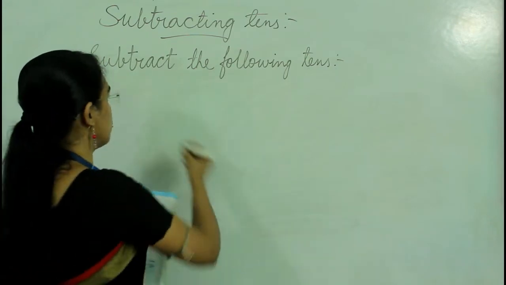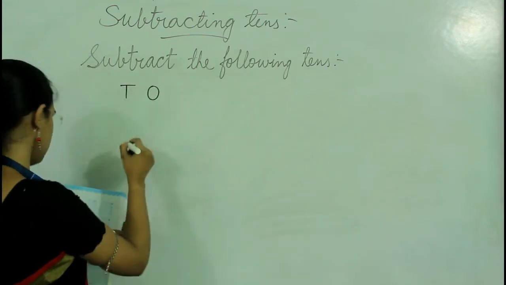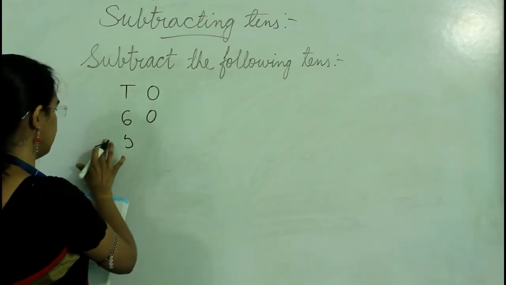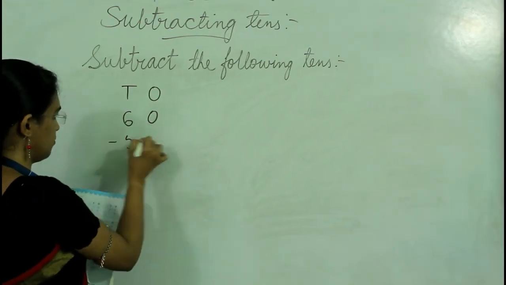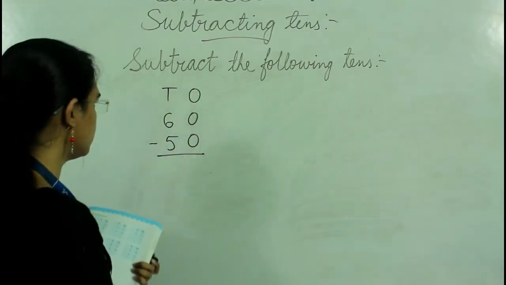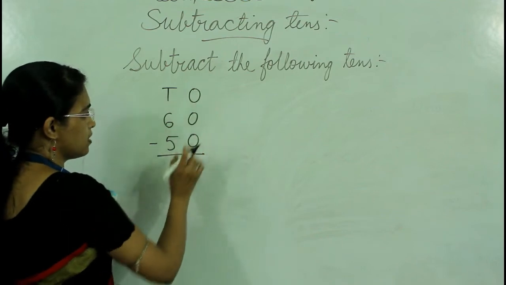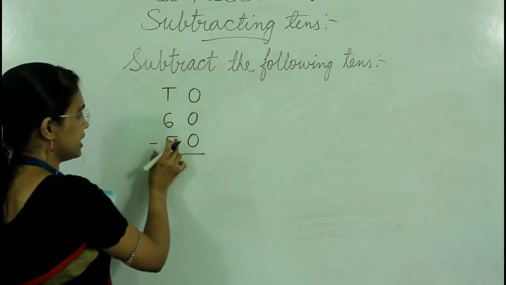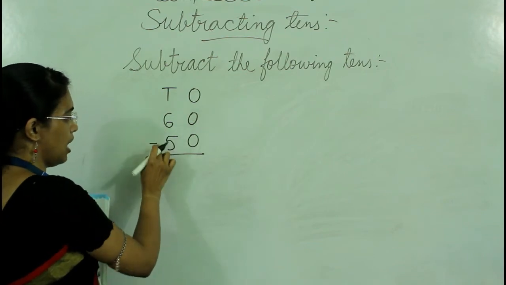Now, first question is 60 minus 50. In the same way, we have to do this. Now, in the ones place, we have 0. So, 0 means nothing. And in the tens place, we have 6 and 5.